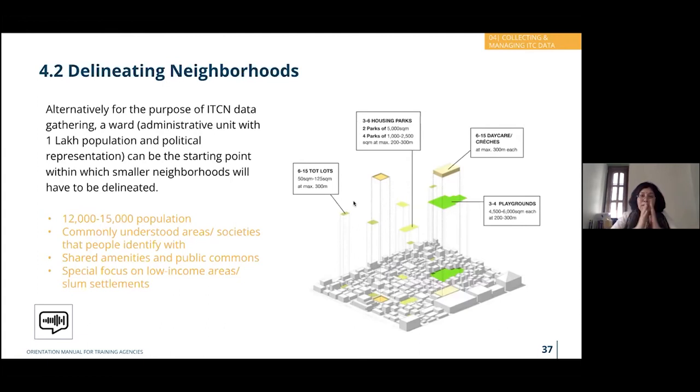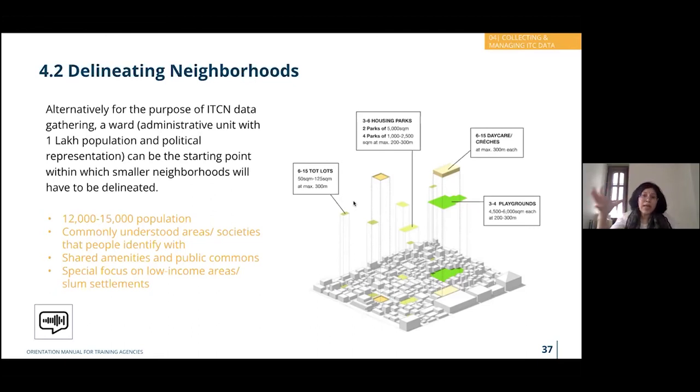So the other way is, you start with a ward. We tell cities, fine, let's identify a ward. That could be a good way to start. But within that ward, can we identify neighborhoods? And how do we identify neighborhoods? Essentially areas with a population of 12 to 15,000 people. The second criterion will be that in all your cities there will be some commonly understood areas or societies. For example, I am in Ahmedabad, and Navrangpura is a ward, right?